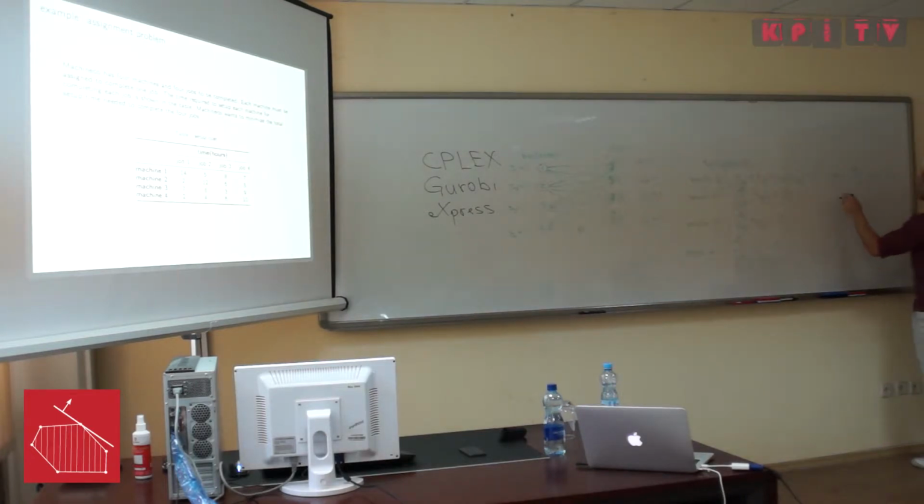And so on. Obviously, I will need my non-negativity for all ij's, and that's it.